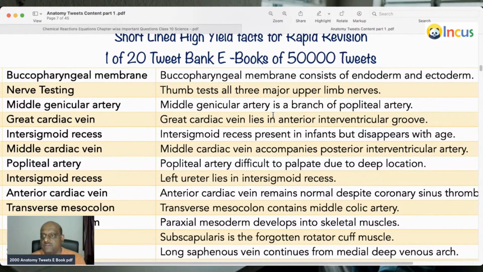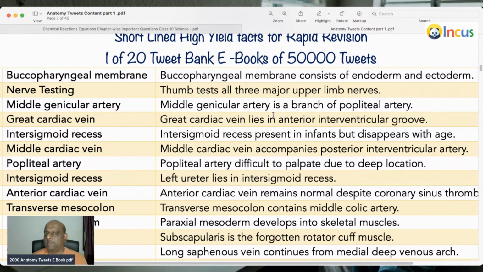It is present in infants, but as the infants age, the intersigmoid recess will disappear. Then, which vein in the heart accompanies the posterior interventricular artery? Anterior interventricular groove has the great cardiac vein. The posterior interventricular artery is accompanied by the middle cardiac vein, is what you should remember.